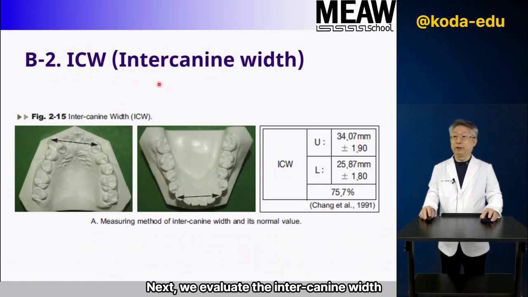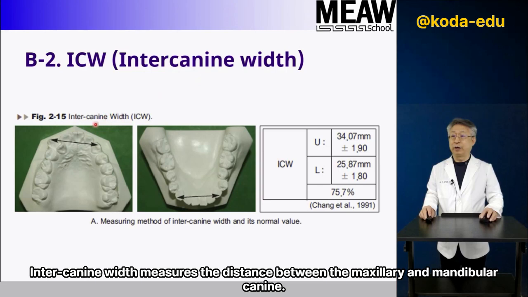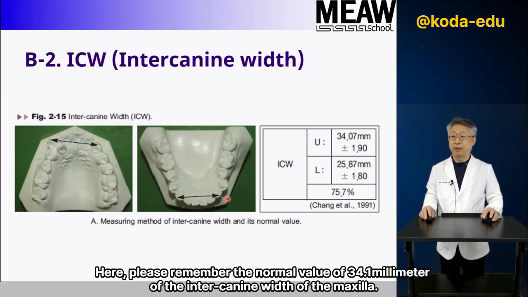Next, we evaluate the intercanine width. Intercanine width measures the distance between the maxillary and mandibular canines. Here, please remember the normal value of 34.1 mm for the intercanine width of the maxilla.